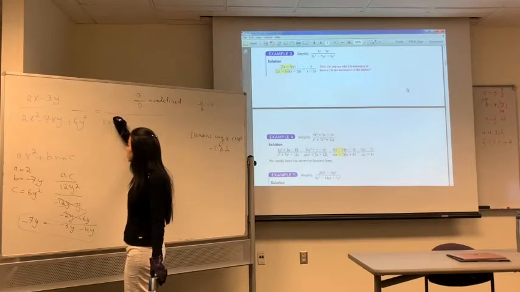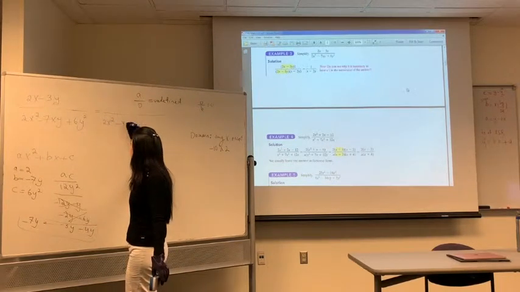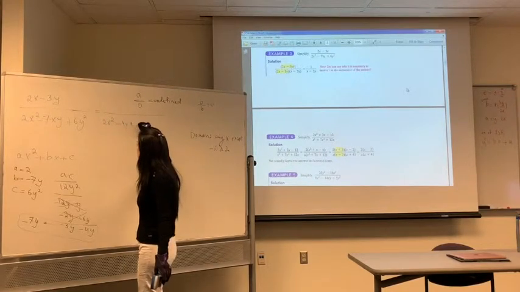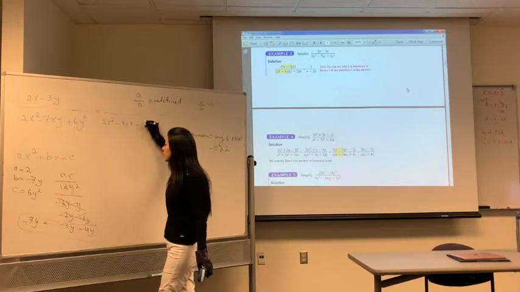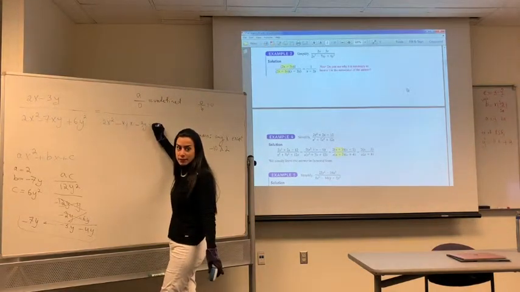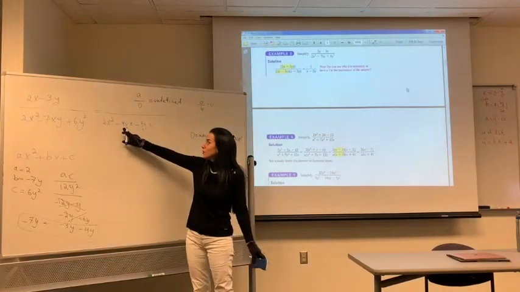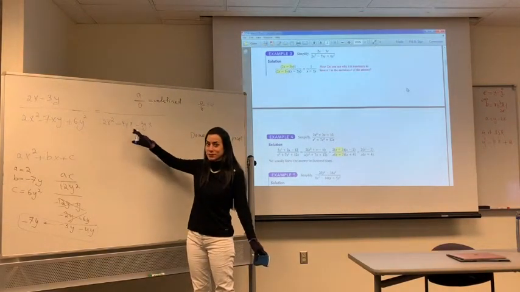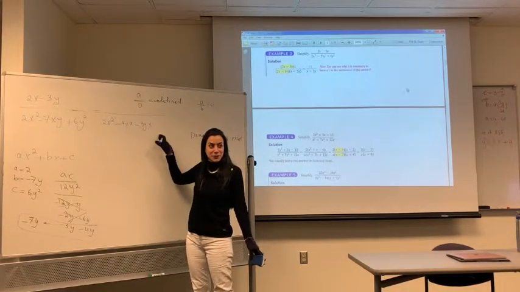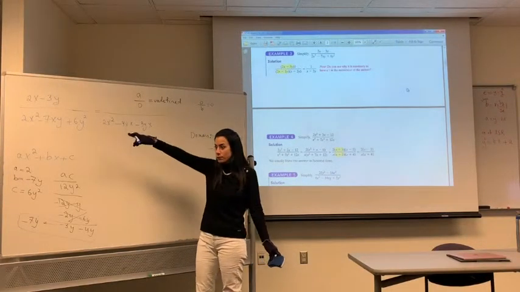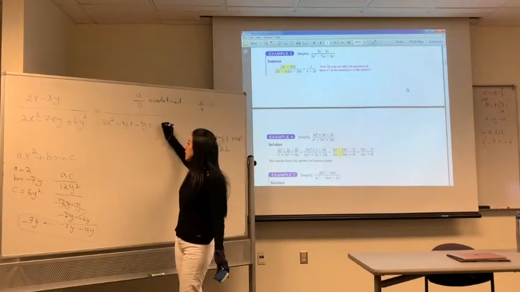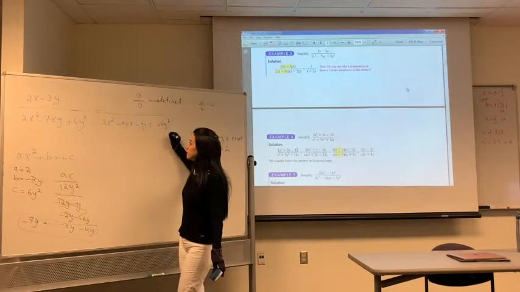So you will write down 2x squared minus 4yx minus 3yx. Correct? Because 4yx, 3yx, both of them negative, gives you negative 7yx. You broke down bx, right? And then you have 6y squared.